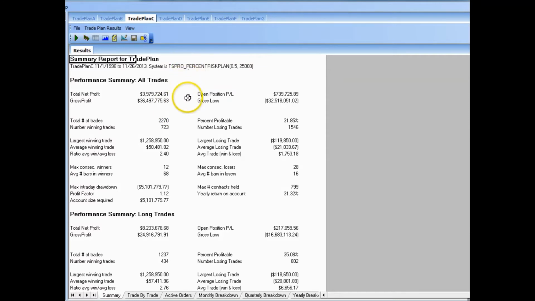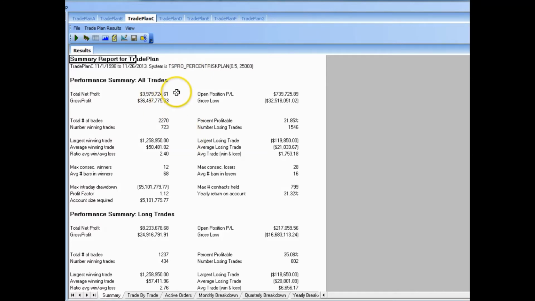Basically, I'm using the same parameters. These first few trade plans, however, are trading a big portfolio of 40 liquid markets. And then what I did was I tried to figure out, hey, what are the best markets to trade and what are markets that I should just kick out? And so you'll see the results of that as we move along here.